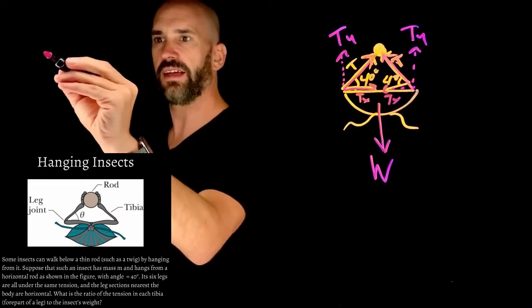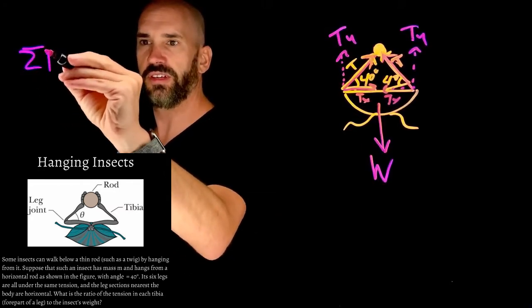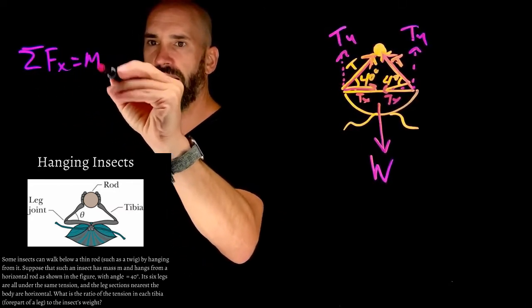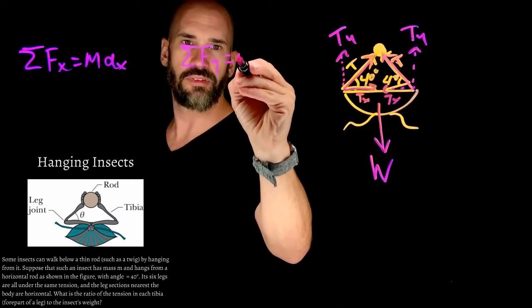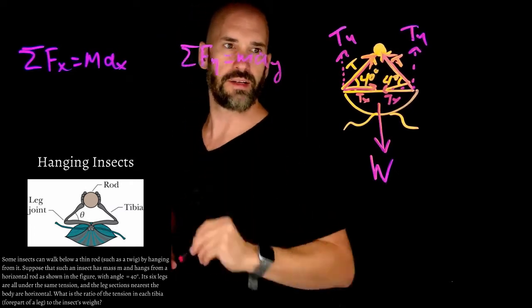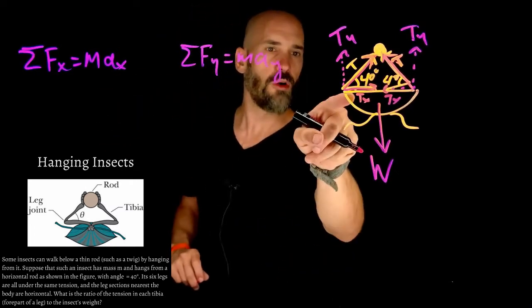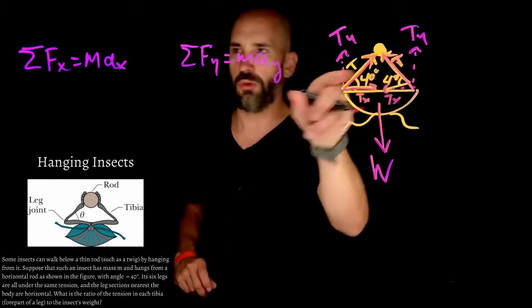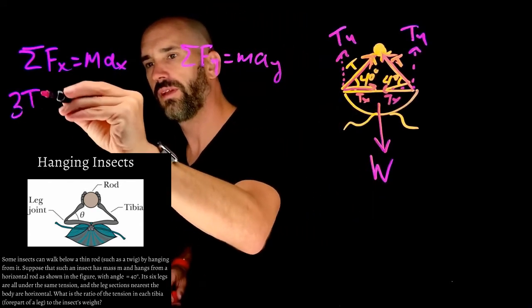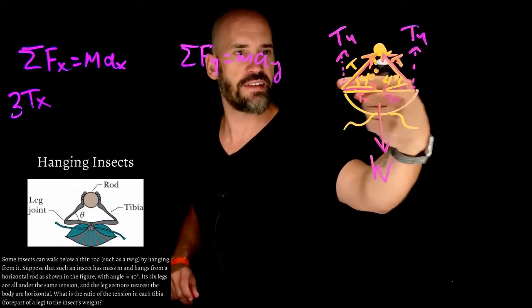Let's go ahead and say, summation of forces in x equals max, and summation of forces in y equals may. All right? Okay, summation of forces in x. Well, here's the thing. I got 3 Tx's going to the right, and then I got 3 Tx's going to the left.